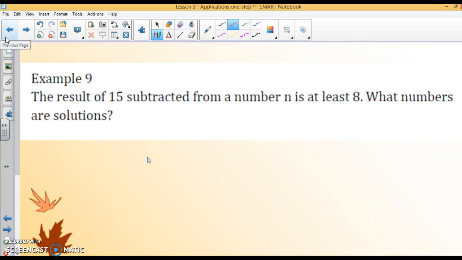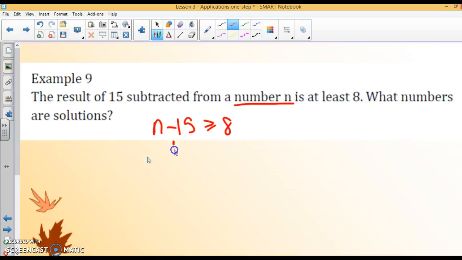Last example. The result of 15 subtracted from a number n is at least 8. All right. So they defined our variable for us, the number n. So the result of 15 subtracted from n, so n minus 15, is at least 8, greater than or equal to 8.